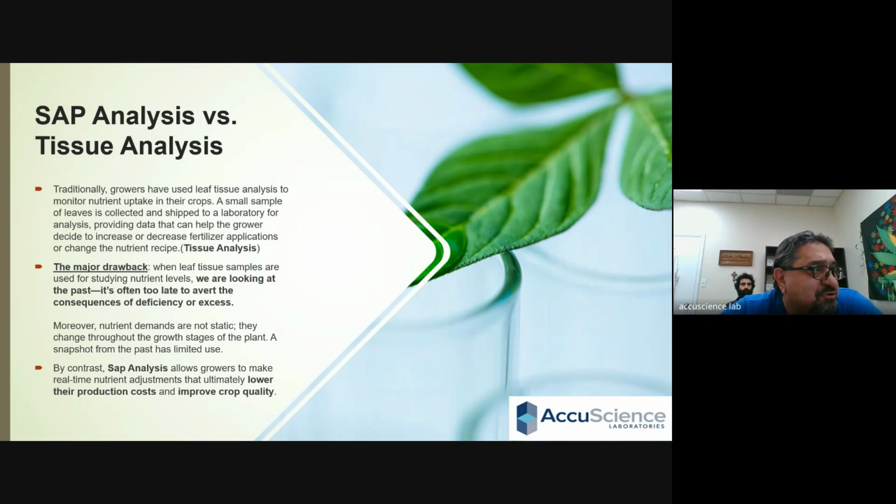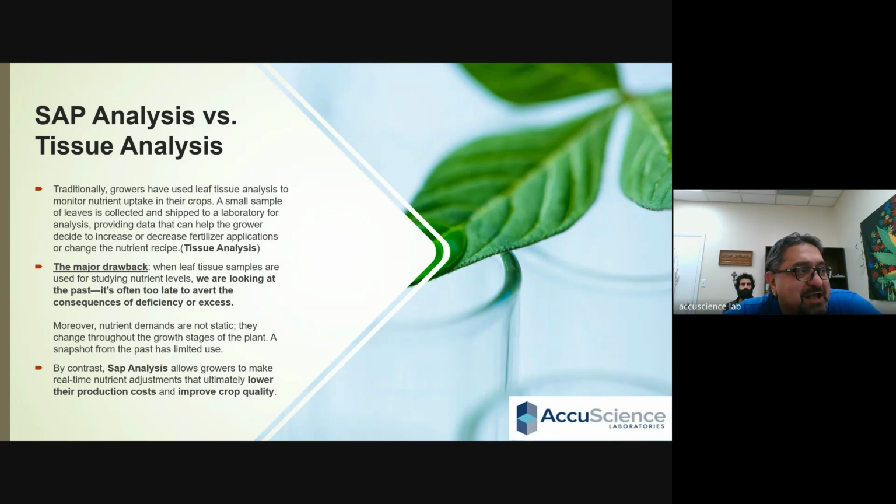And so the data can help the grower decide to increase or decrease the fertilizer application or make changes in the nutrient recipe. That was the old tissue analysis. It has major drawbacks. When you take leaf tissue samples to study nutrient levels, what are you looking at?